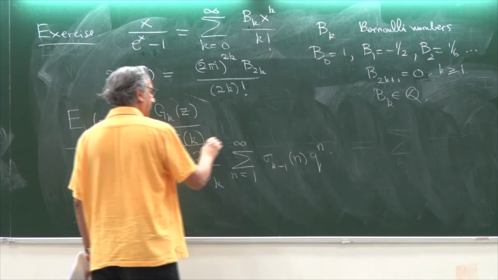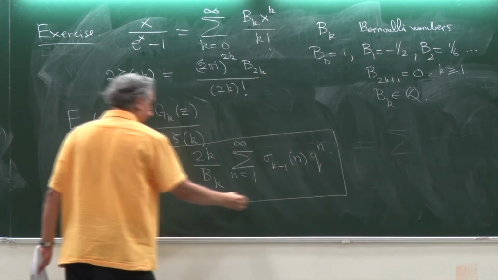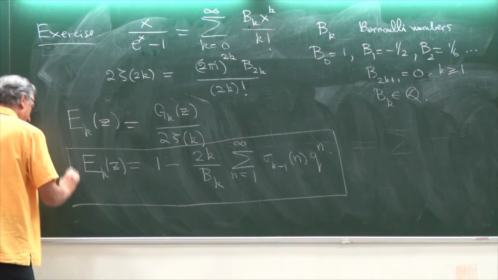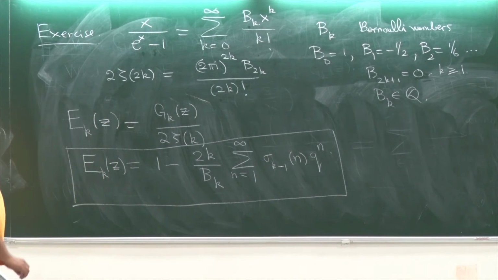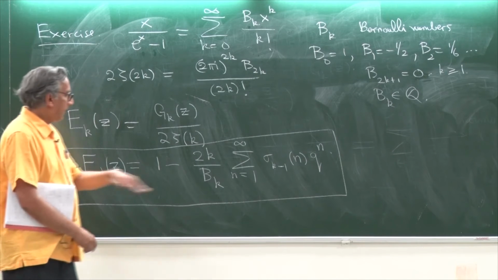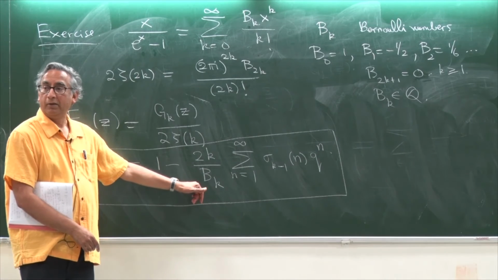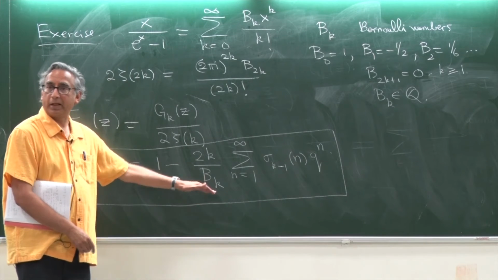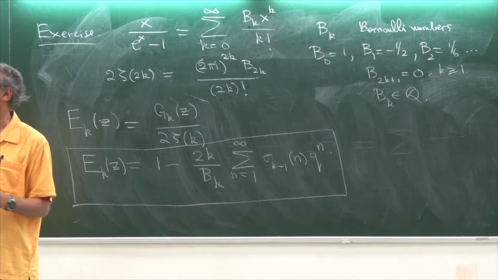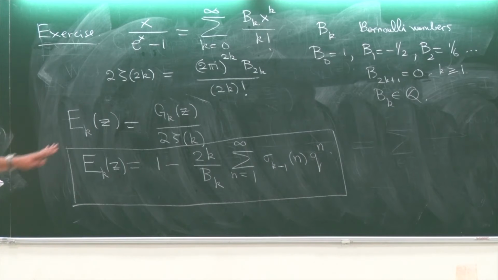And it has the q-expansion, Fourier expansion, given by the sum of sigma_{k-1}(n) q^n. So all these factorials and powers of pi disappear, and you have this rather neat-looking expression for your Fourier expansion. This, by the way, is a starting point for the theory of p-adic modular forms, but we won't go into that here.